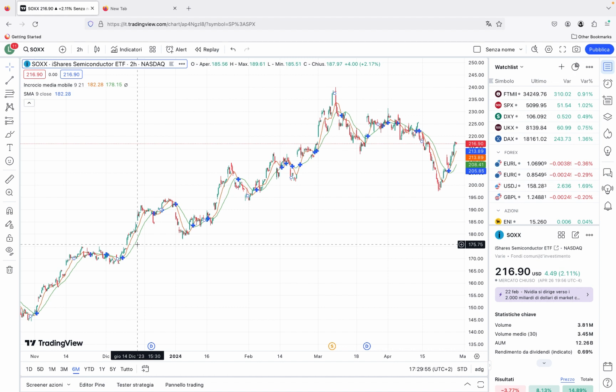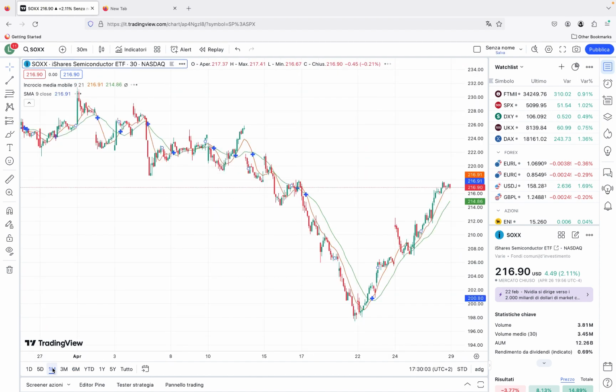So this is an uptrend. Let's make an example of a downtrend. Let's pretend this is another underlying. I usually analyze underlyings over the last 6 months.